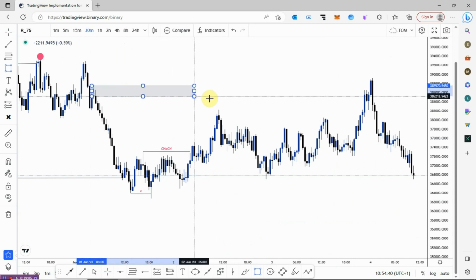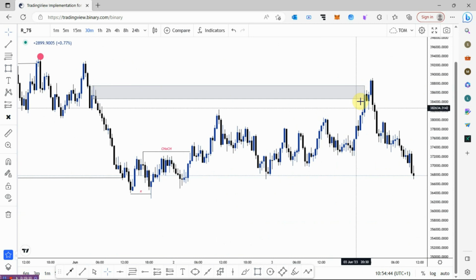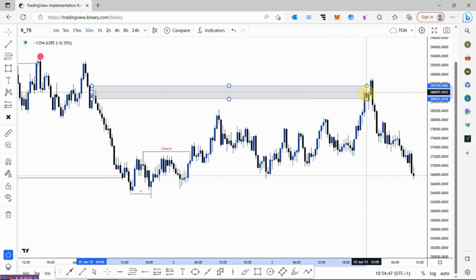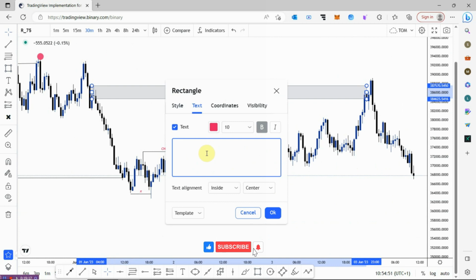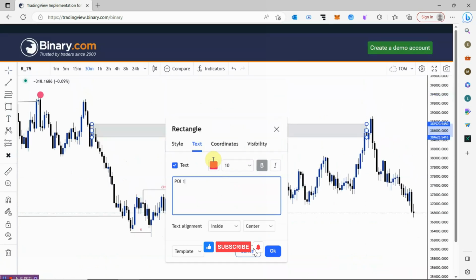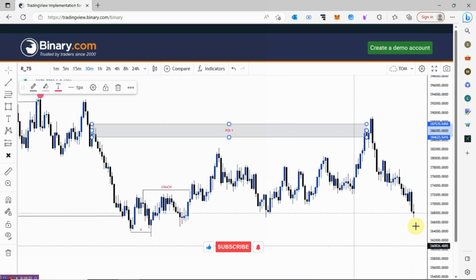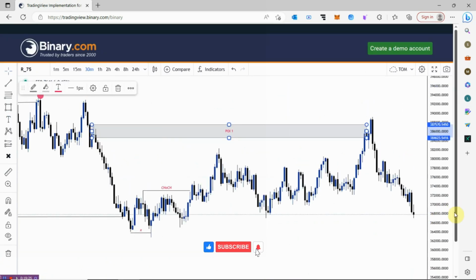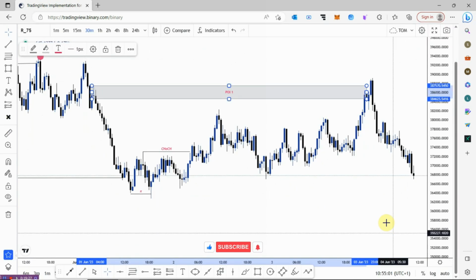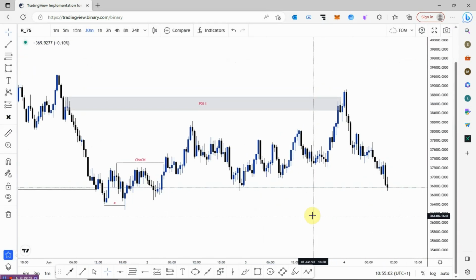Okay, so my first POI is right over here, and this is where I try to sell from. So POI1.